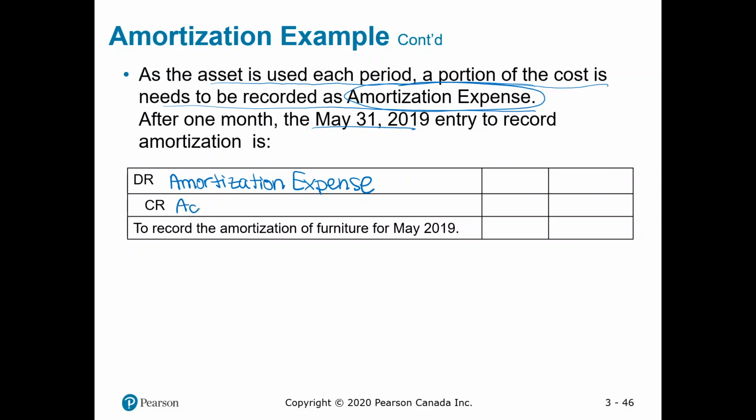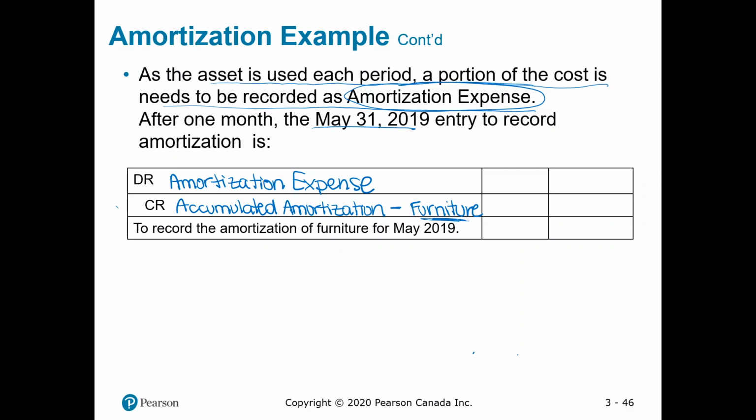So we will credit accumulated amortization. And we always need to specify with these accumulated amortization accounts which asset we're talking about. So we need to specify that this relates to furniture. So the expense account is okay to just put in one, but the accumulated amortization you need to specify.